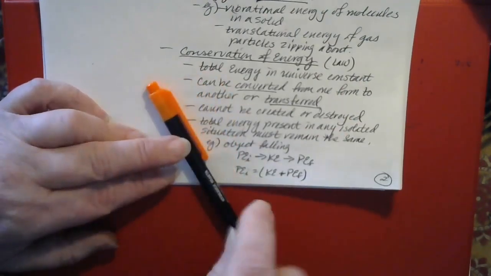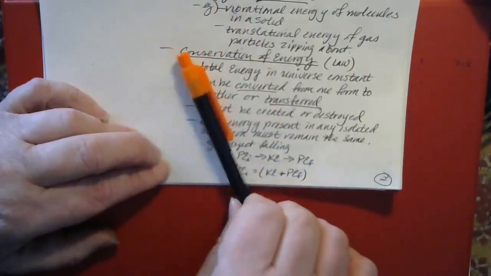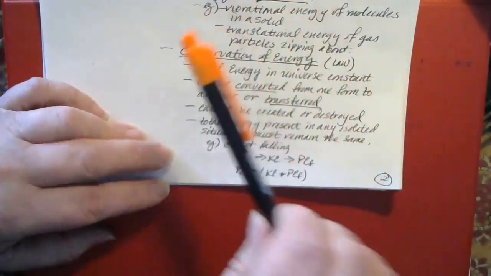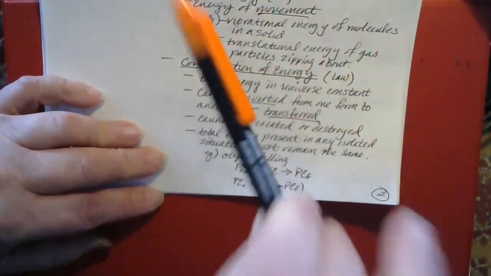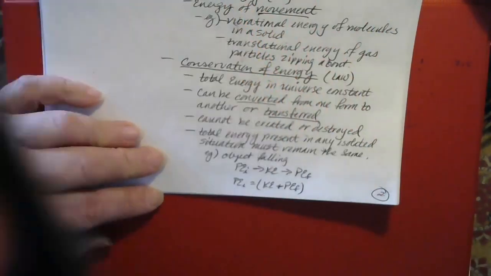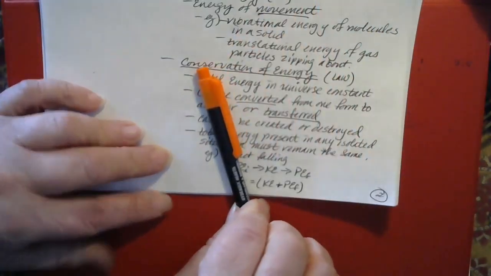And the difference between the potential energy it had up here and the potential energy it has down here is equal to the kinetic energy that it had while it was moving from one place to the other.